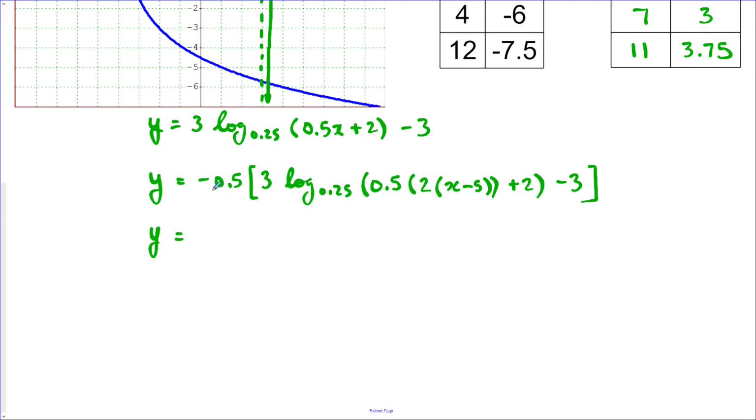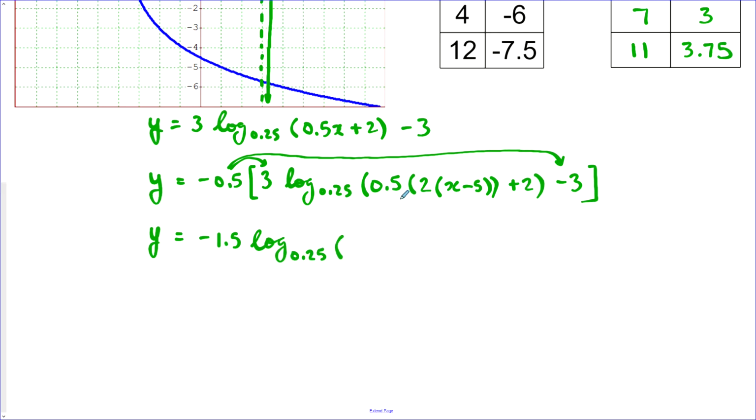Y is equal to, just multiply this in to this term here, and also, it's hard to tell, but that's a different term back there. So this would be negative 1.5 log 0.25, and nothing ever happens to the base there.